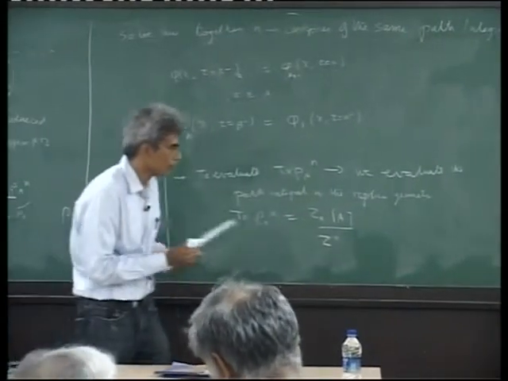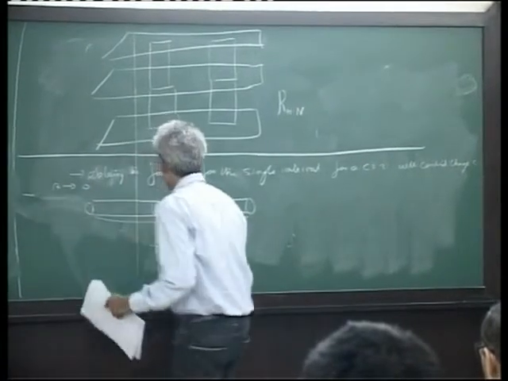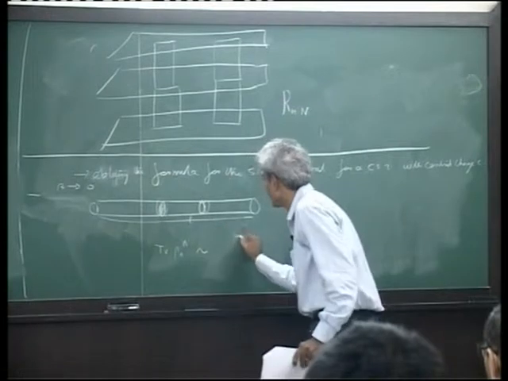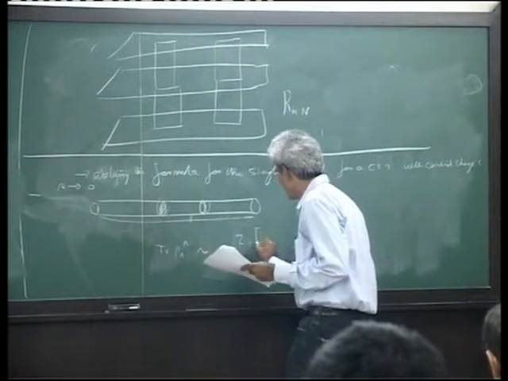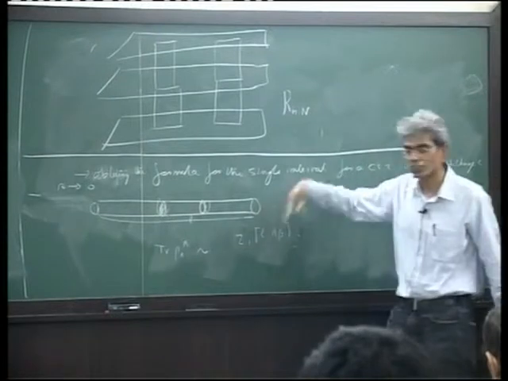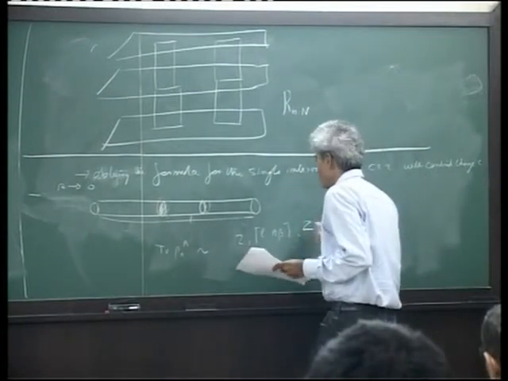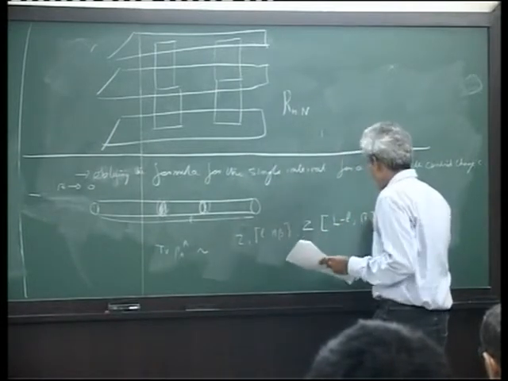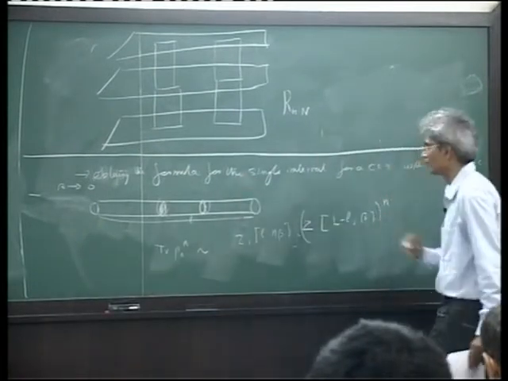Trace of rho_A to the n you can think of as two separate things. Here we are identifying n times, so it's the partition function of the interval L with temperature n beta. The rest, of length L minus L beta, has no identification, so it's just tensor products of copies, to the power n.